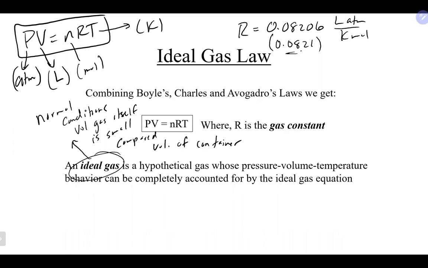The other thing that makes something sort of an ideal gas is the idea that when you have different gas molecules in a container, there really is no interaction between them.